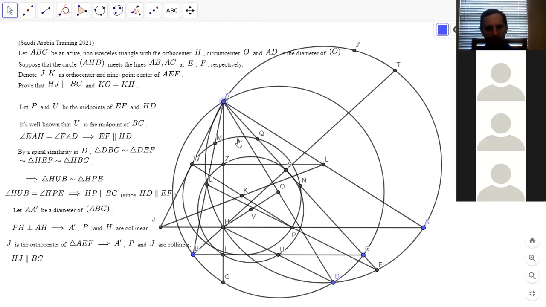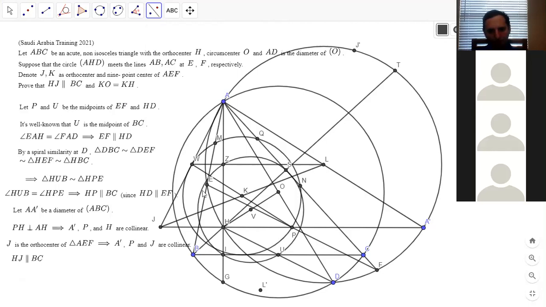So let's see, K is the center of this circle right here. Wait. Can we find congruent triangles somehow? Can you reflect L over EF? Yeah. There we go.